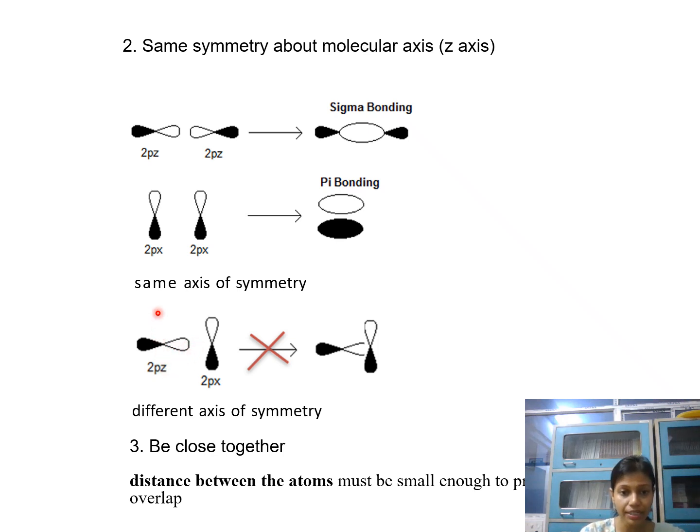And for 2pz, there is no electron density in the x-axis, although 2px has, but there will be no possible overlap. So that means 2pz and 2px have different axes of symmetry. Their symmetry is not matching. Therefore, they cannot overlap and form a molecular orbital. So this is what this point means.